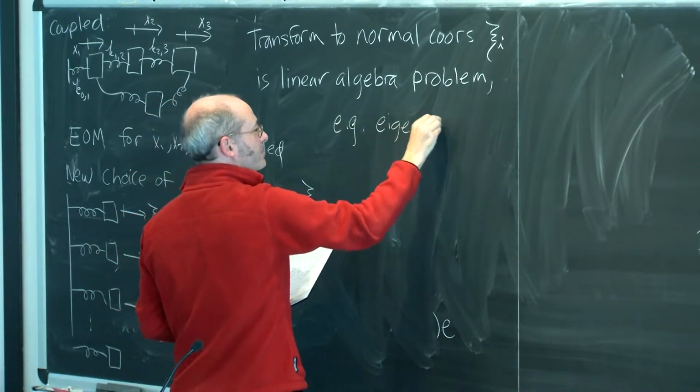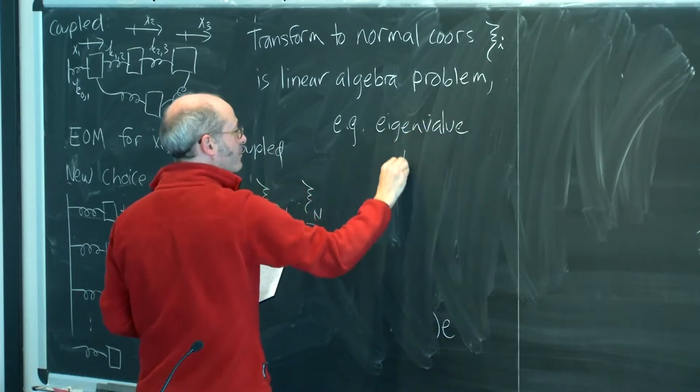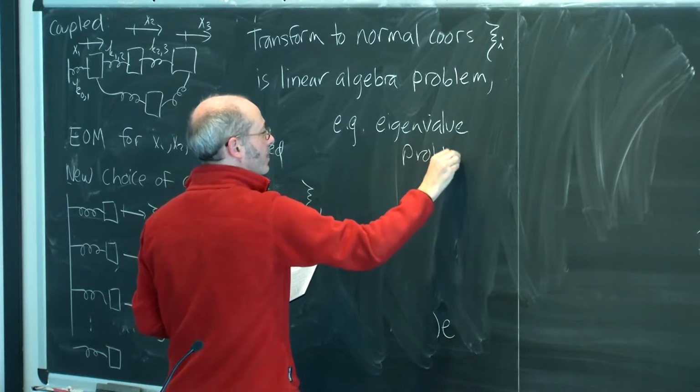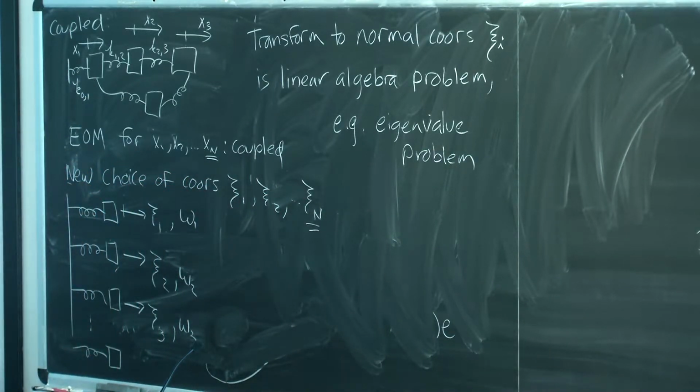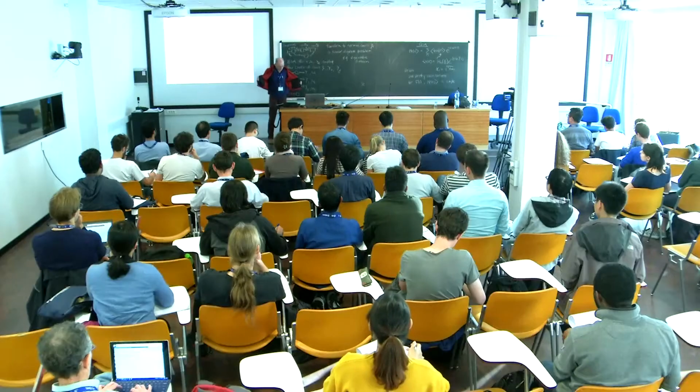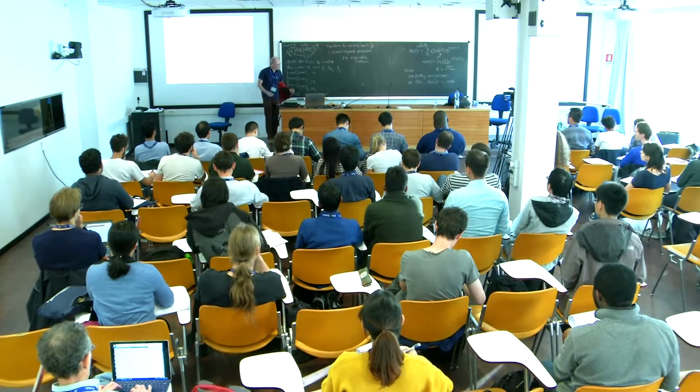And is represented by some kind of solving some kind of eigenvalue problem. Like the diagonalization of a matrix, which gives us the normal coordinates and the frequencies of the normal modes. Okay, and this is in the classical version.